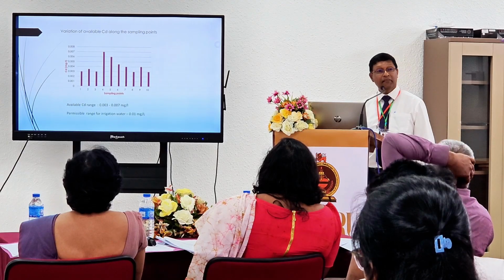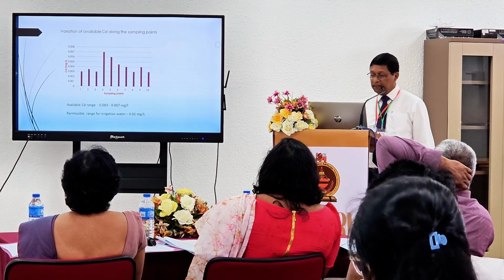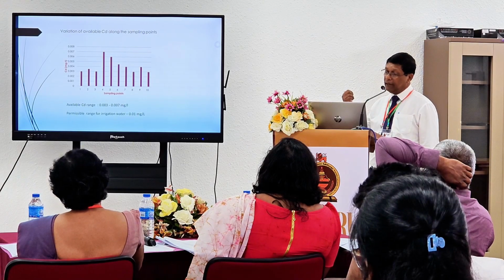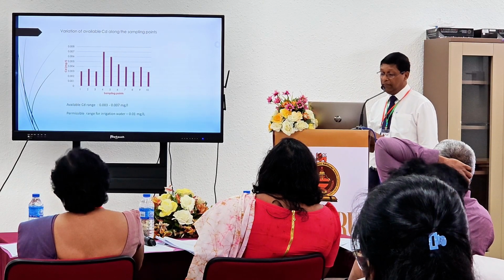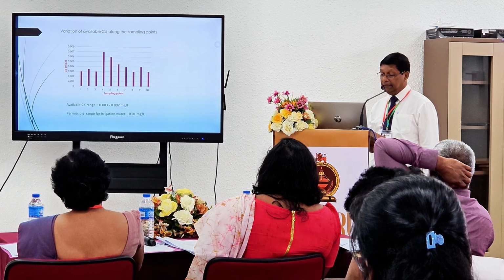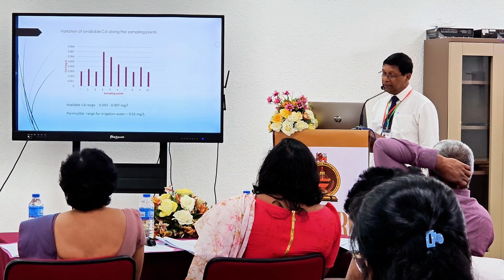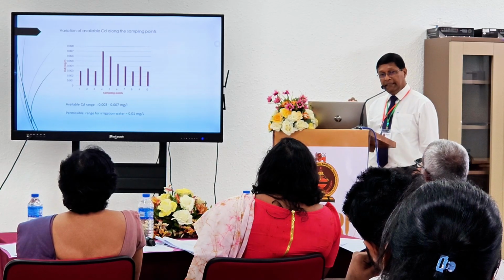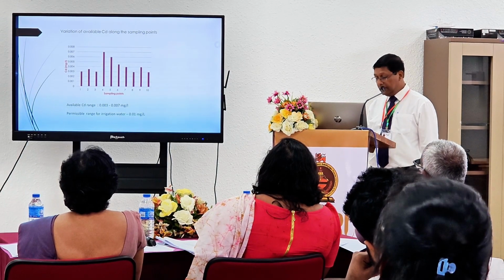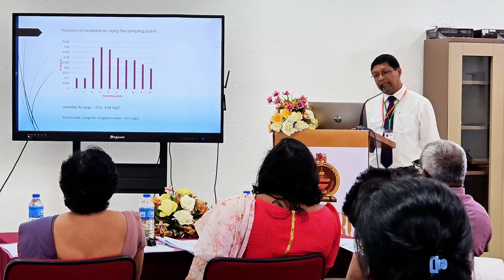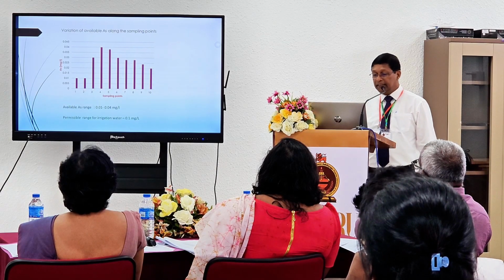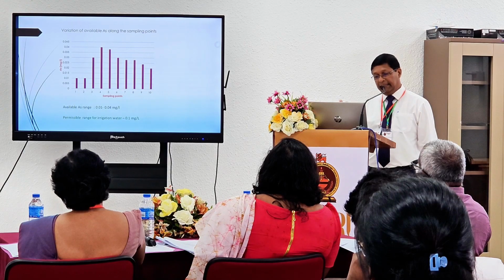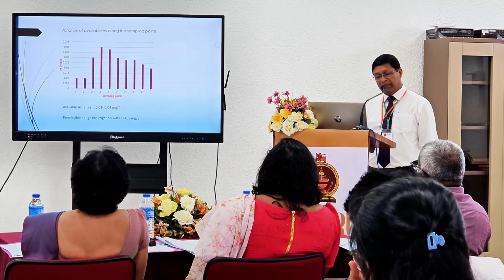But see the heavy metals. One is cadmium. Sampling points 4 and 5 show a little bit higher cadmium content, even though the value is well within the permissible range. The same thing we observe in arsenic as well: sampling points 3, 4 and 5 show higher arsenic content compared to the other sampling points.